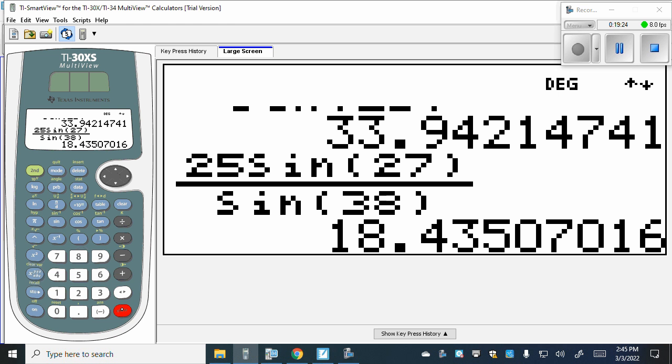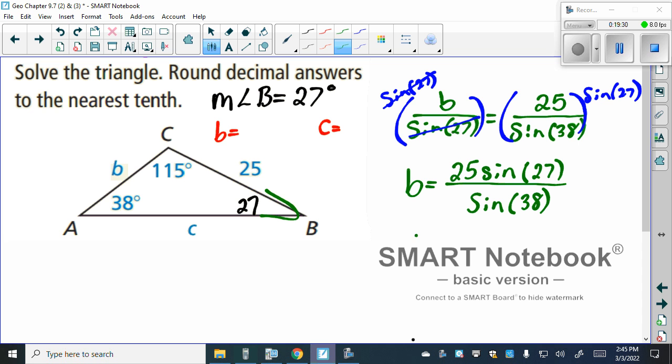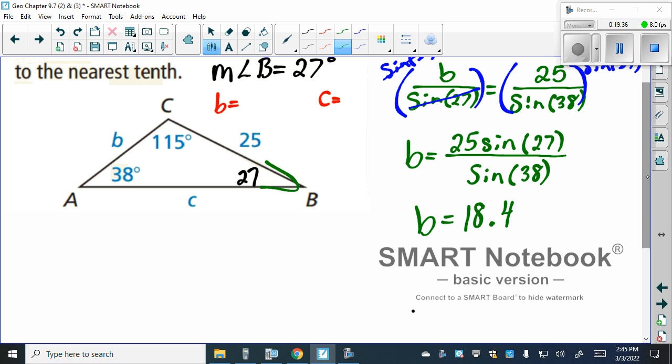And if we type that in, we would get 18.43, or to the nearest tenth would be 18.4. And that'd be the value of B. Any questions on this here?